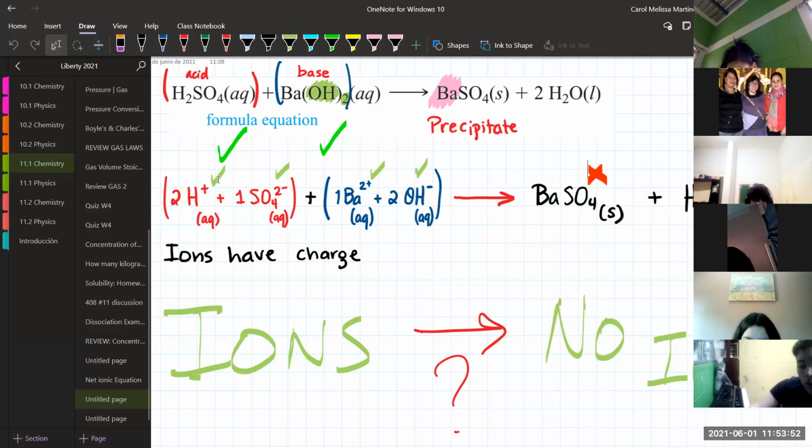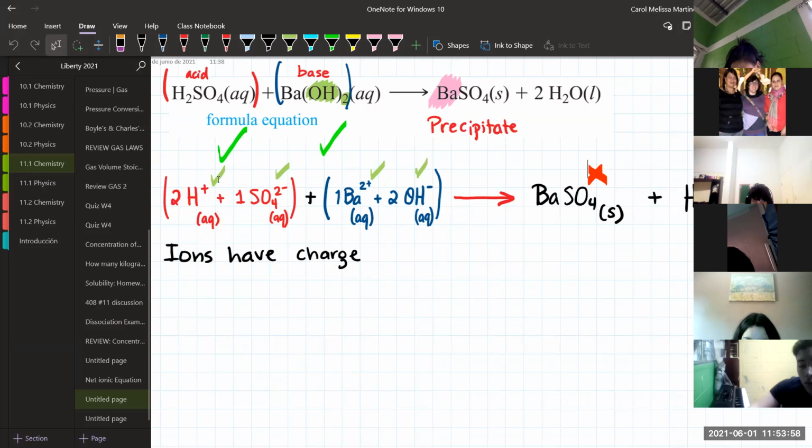So because you don't have ions in the product that can be eliminated with the ions in the reactant, you're going to say ions cannot be eliminated. The reason is there are no ions in the product.